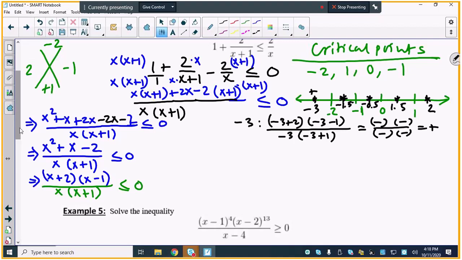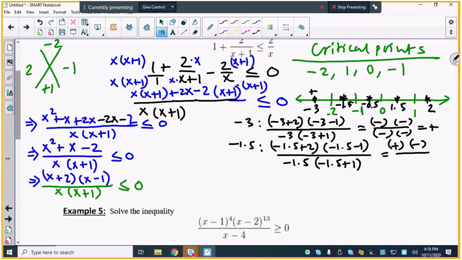Negative 1.5, you get negative 1.5 plus 2 times negative 1.5 minus 1, over negative 1.5 times negative 1.5 plus 1. So I get positive, negative, negative, negative. So it should be a total sign of negative.